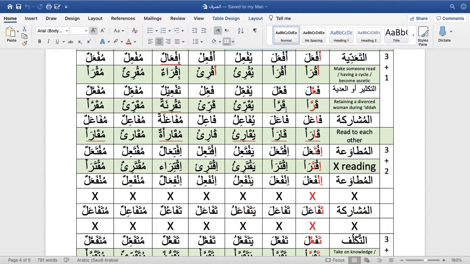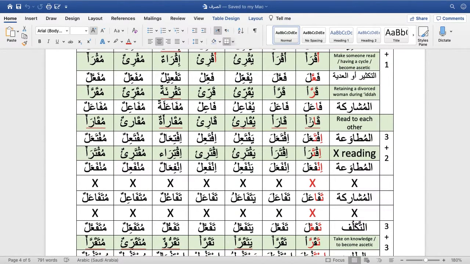So qarra'a means that he has retained the woman for three menstrual cycles and now she's free to go. It's clear that she's not pregnant and the divorce is valid. So qarra'a yuqarri'u, qarri', taqri'atun, muqarri'un and muqarra'un. That is this wazn.